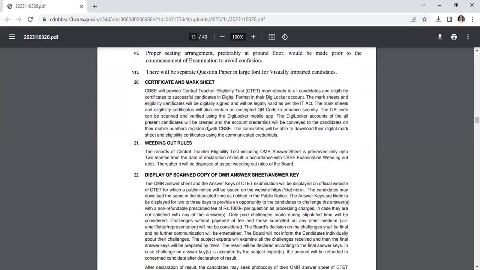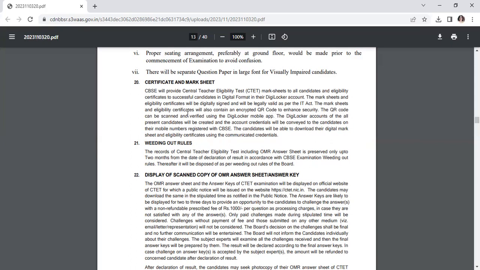Certificate and mark sheet. CBSE will provide the Central Eligibility Test mark sheet to all the candidates and the eligibility certificate to successful candidates in digital format in their DigiLocker account. The mark sheet and the eligibility certificate will be digitally signed and will be legally valid as per the IT Act. They will also contain an encrypted QR code to enhance security.